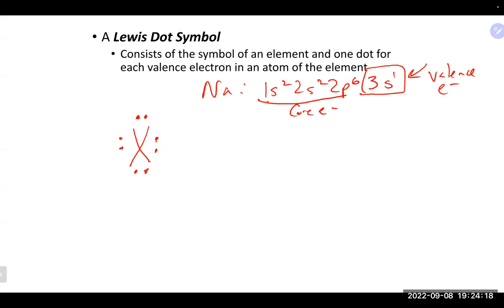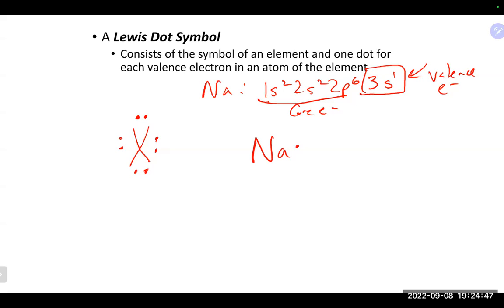Clearly, on the 4 sides, we end up with the magical number of 8, which is the magic number of bonding. It also happens to be the number of valence electrons that our noble gases have. So if we look at sodium, we would do its Lewis dot symbol like so, 1 dot to represent the valence electron.